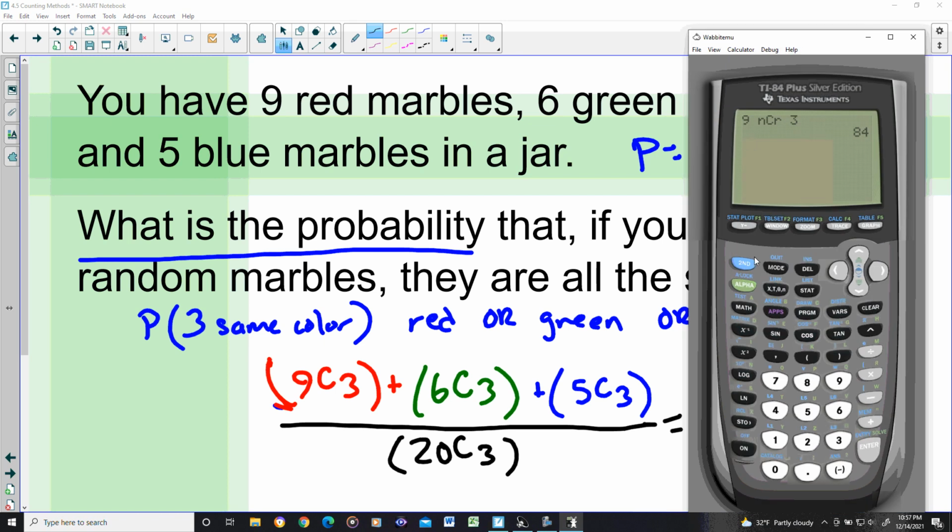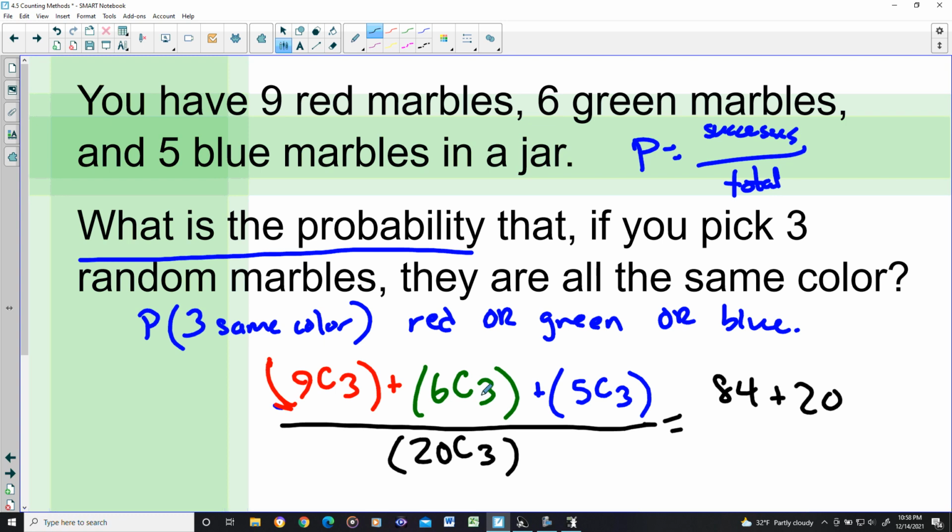Actually, what you can do, easy enough, is hit enter and then just go back and change that to a 6, so we don't have to go back to the menu. And you'll find that that is, oh, bugger. Oh well, 6 nCr 3. Yeah, 20. Okay, and then 5 choose 3 would be 5 times 4 times 3, but it'd be divided by 3 factorial, so divided by 6.